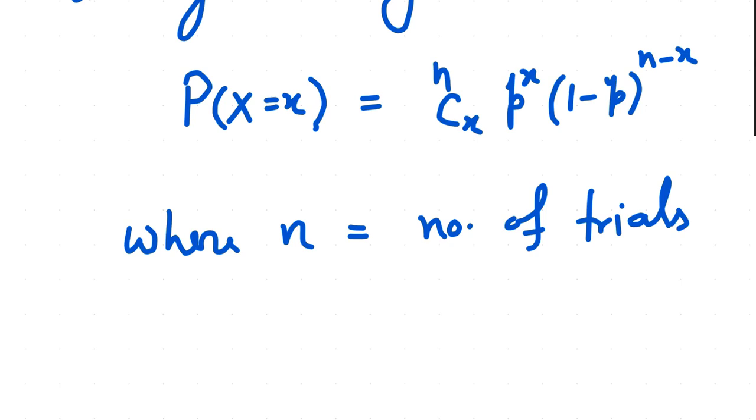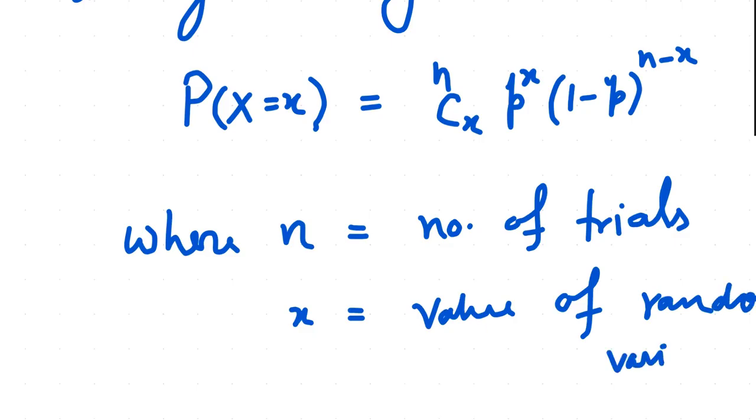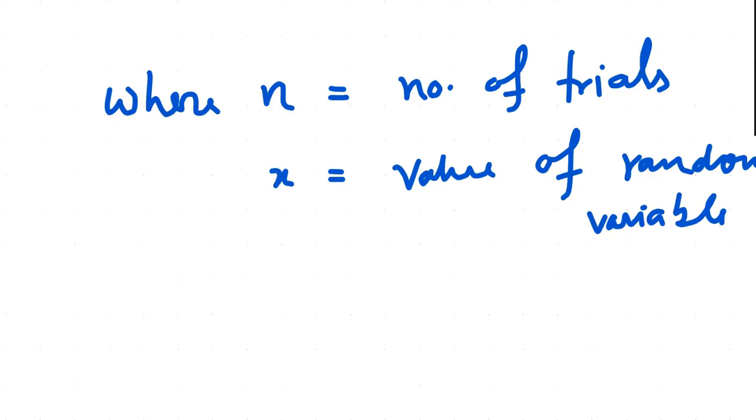And x is the value of the random variable, and usually we take the value of x as 0, 1, 2, and so on up to n.